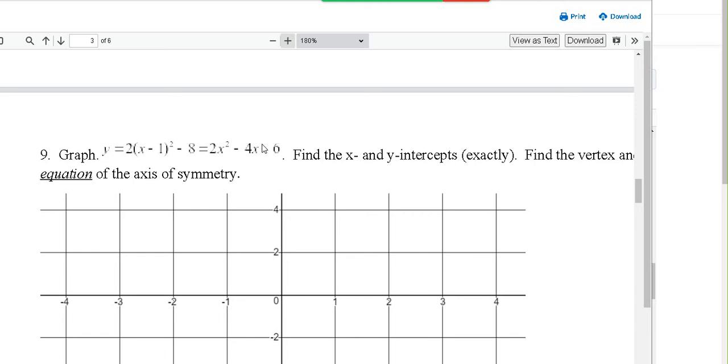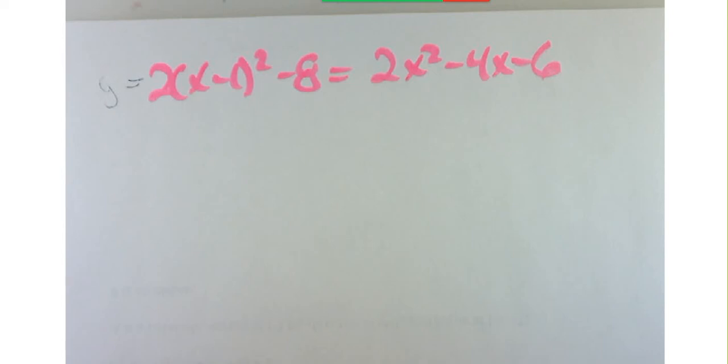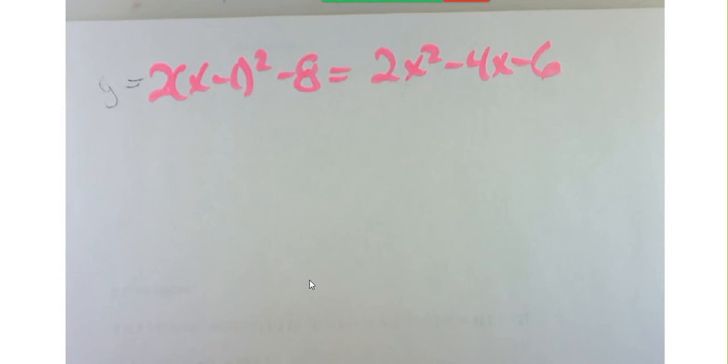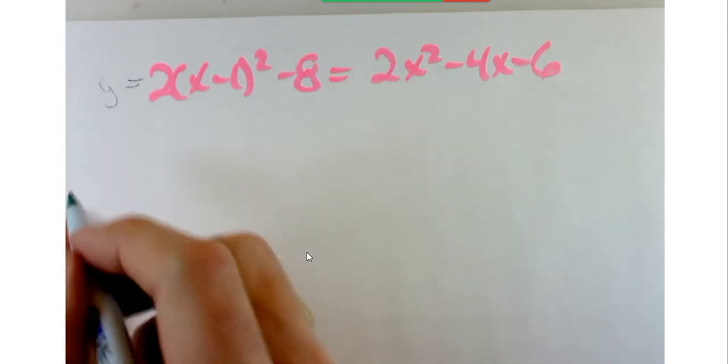So we've got y equals 2 times (x minus 1) squared minus 8, equals 2 times x squared minus 4x minus 6. So a couple different ways you could solve this one, and it's kind of up to you. What you're interested in right now is setting y equal to 0 to find the x-intercepts.